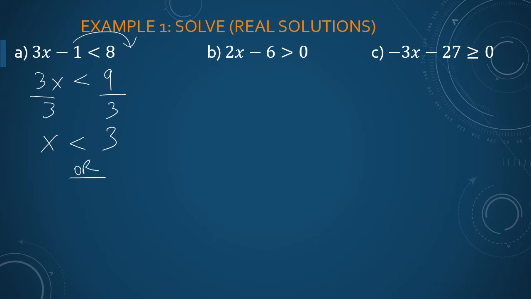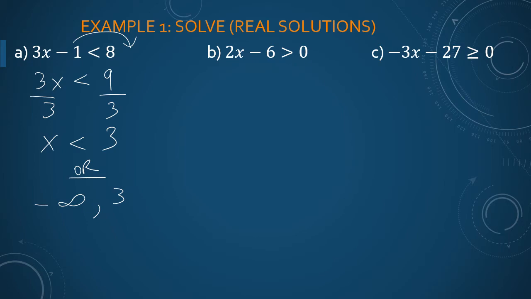Now you can write all of these one of 2 ways. You can write it with the inequality sign, or you can write it with brackets. So x less than 3 means anything less than 3, but since this wasn't equal to, it can't equal 3. In other words, this can be anything from -infinity to 3.